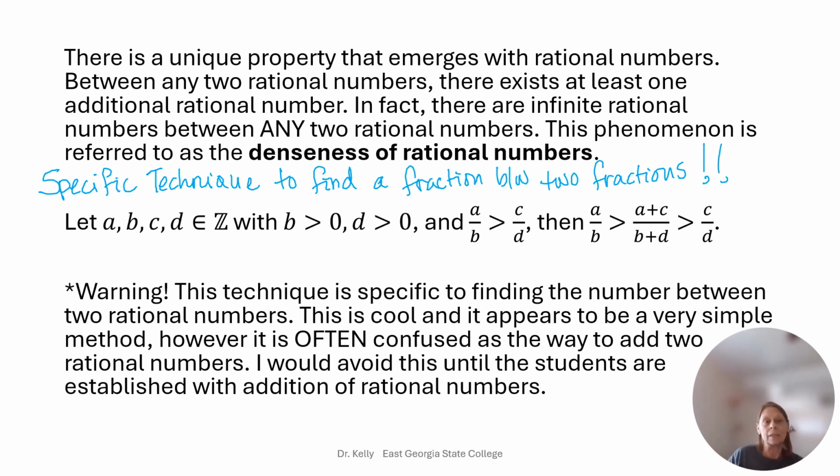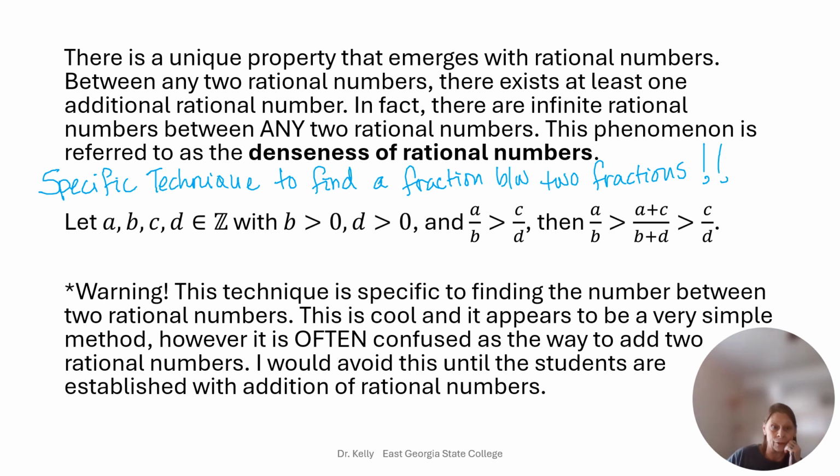Let A, B, C, and D all be elements of the integers, with B and D being greater than 0. Also, we're walking into this with the fact that A over B is already greater than C over D. So what it says is that if we add the numerators and we add the denominators together, we will get a fraction that is in between those two numbers. That's what this whole gobbledygook right here says.